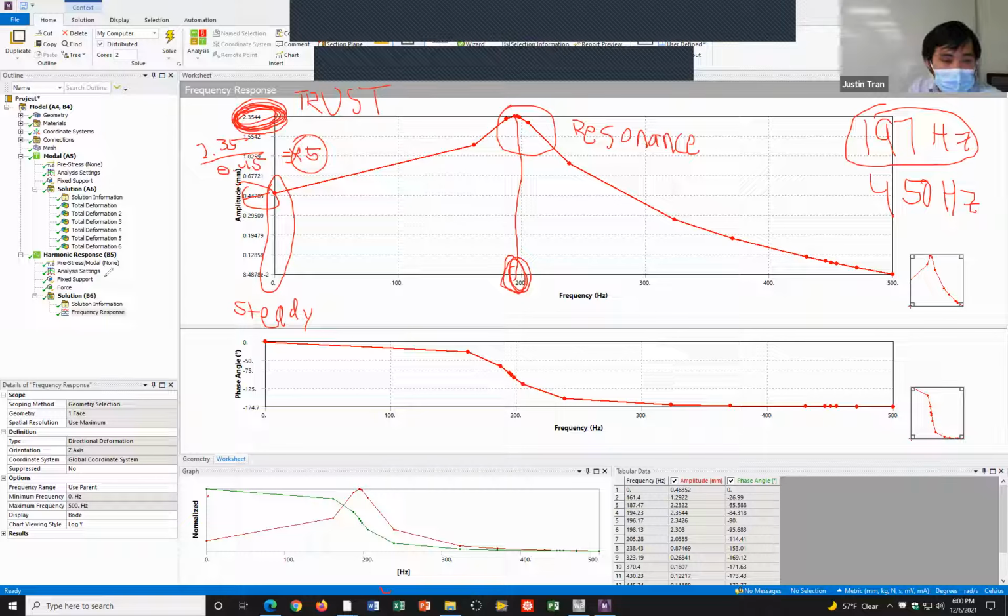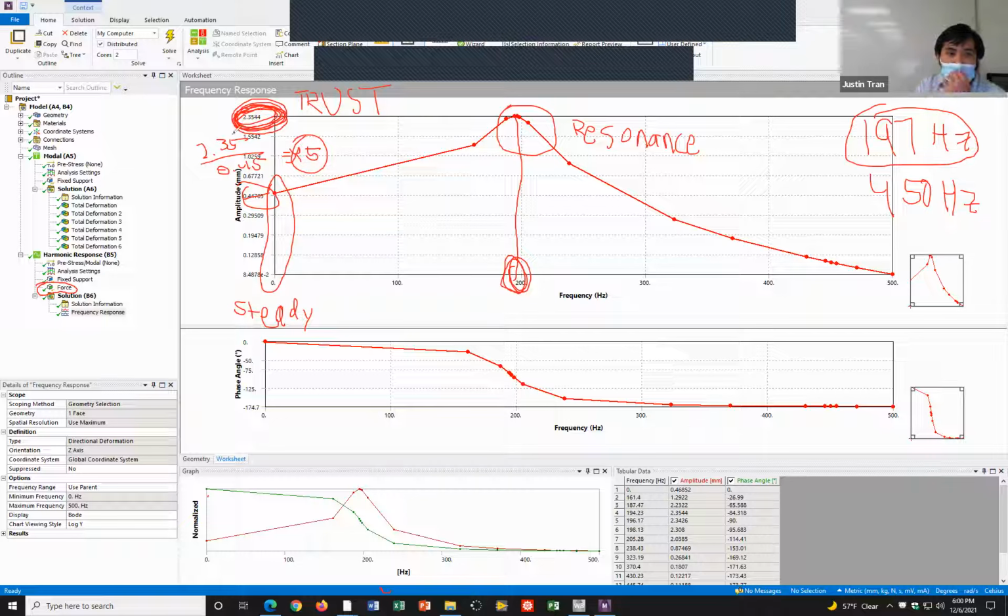Because what's different between this and modal? For this one, we actually applied a force. We actually applied a load with the real magnitude, and it's a force that oscillates. And so this deformation that we're getting is a direct result of this force, both the frequency, but also the magnitude that we specified here, so the 100 newtons.